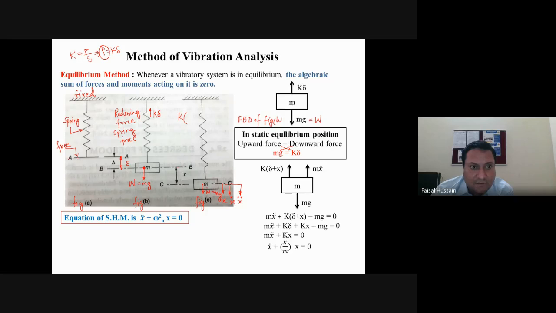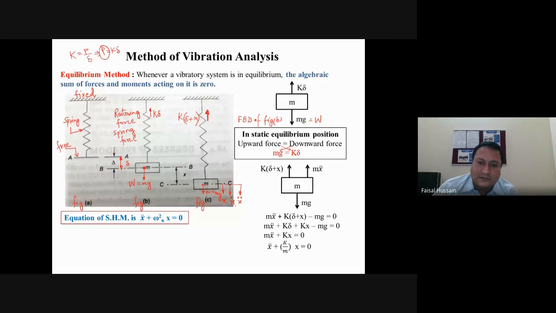Referring to the equilibrium position AA, at equilibrium position BB the deflection was delta, and at CC the total deflection will be delta plus x. So restoring force will be K times delta plus x, and its direction will be upward. Why upward? It opposes the displacement and weight.